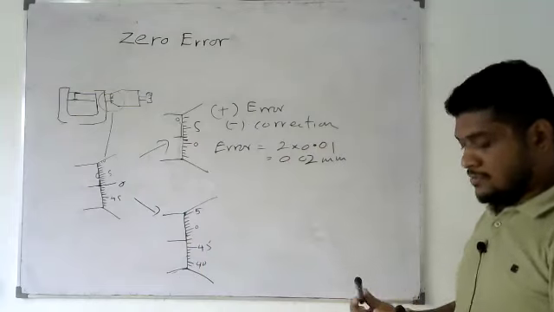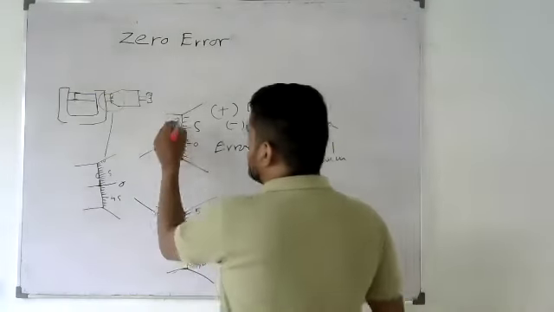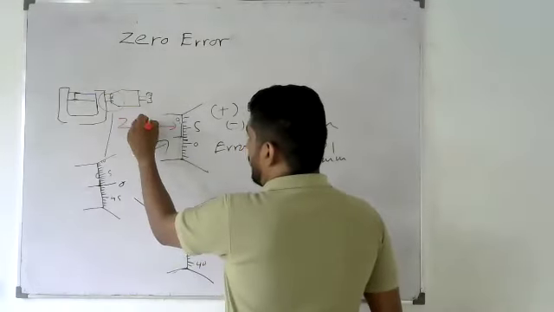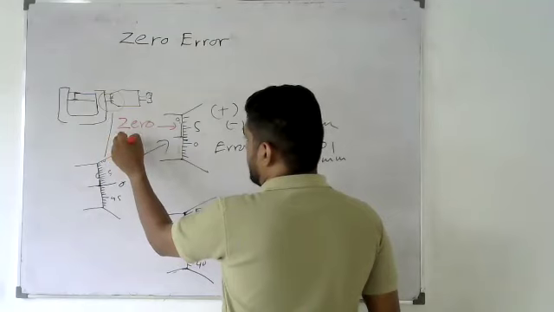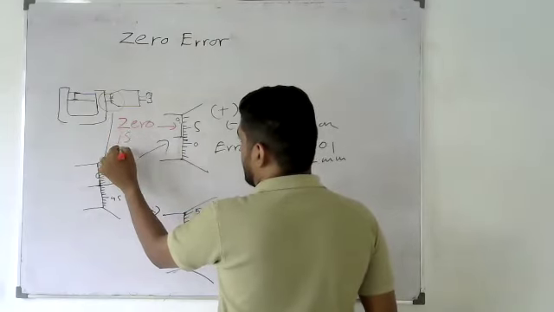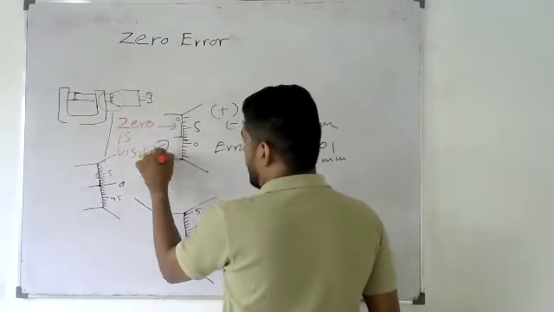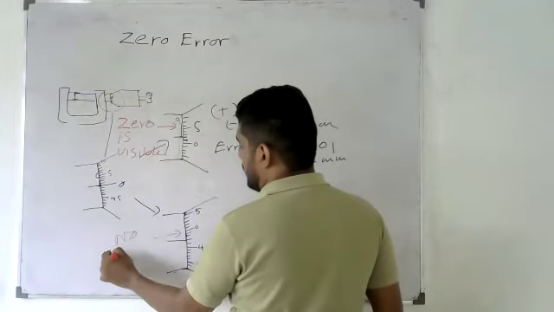So the main thing is, here the 0 is visible. Here it is not visible.